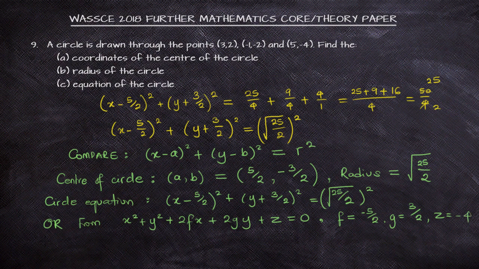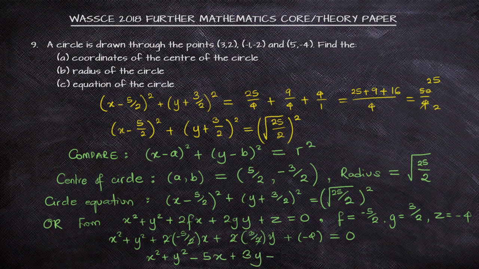We can substitute these values back so that we have x squared plus y squared plus 2 times minus 5 over 2 times x plus 2 times 3 over 2 multiplied by y, minus 4 equals to 0. And here, if we just cut out the 2's, our equation will come out as x squared plus y squared minus 5x plus 3y minus 4 is equal to 0.